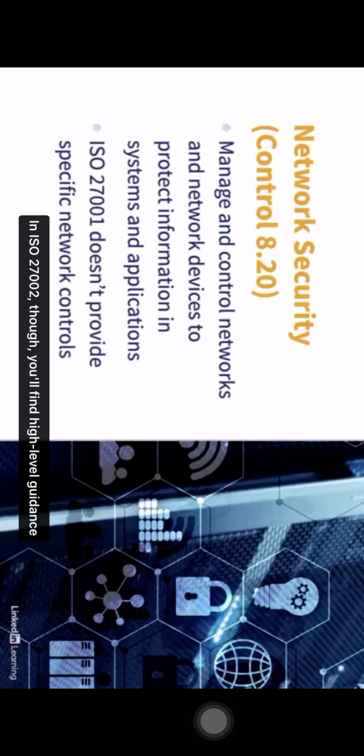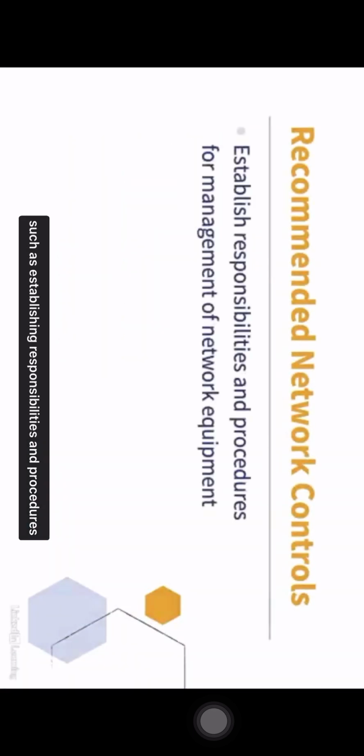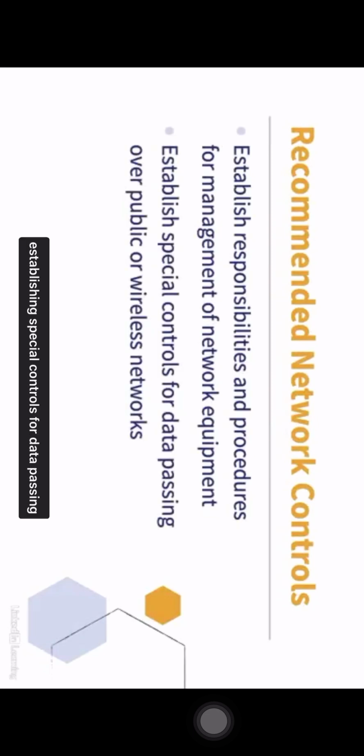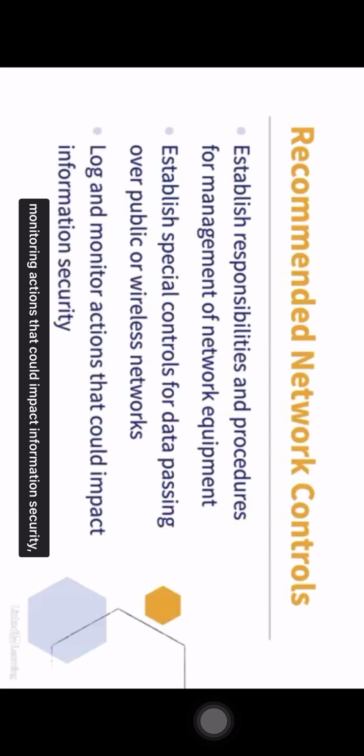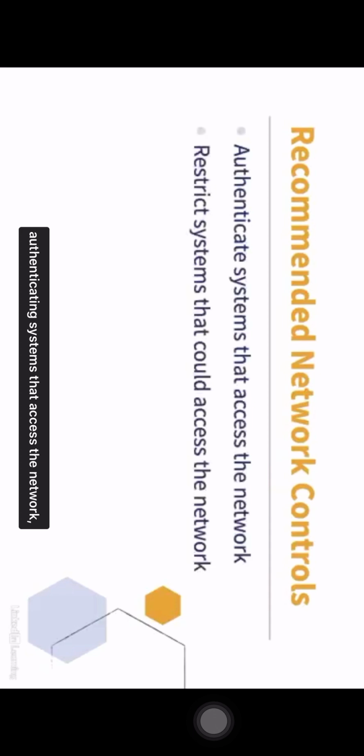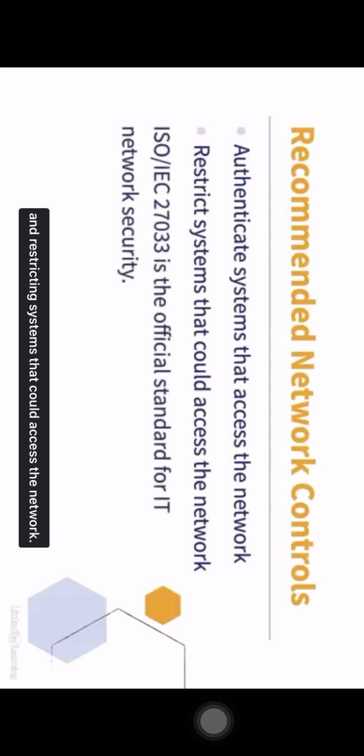In ISO 27002, though, you'll find high-level guidance, such as establishing responsibilities and procedures for the management of network equipment, establishing special controls for data passing over public or wireless networks, logging and monitoring actions that could impact information security, authenticating systems that access the network, and restricting systems that could access the network.